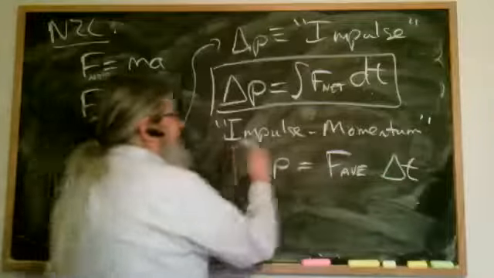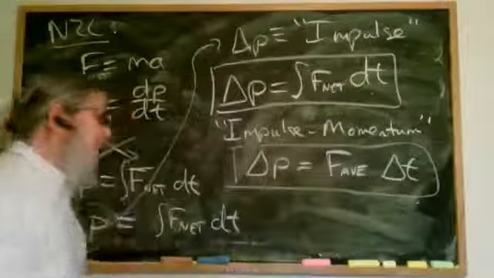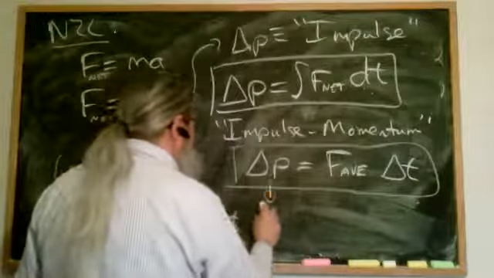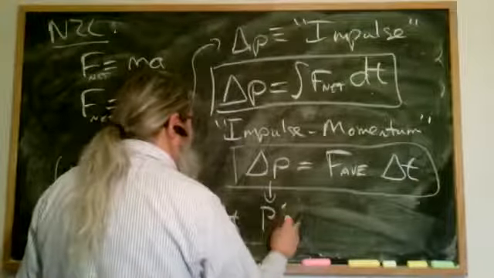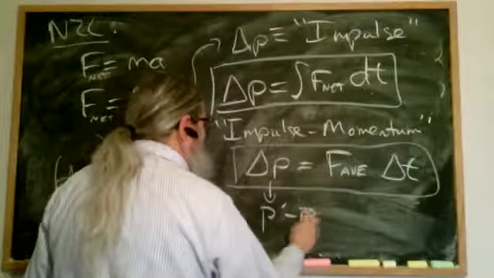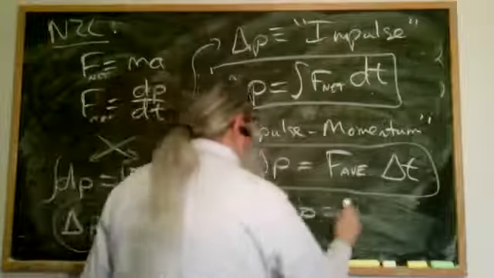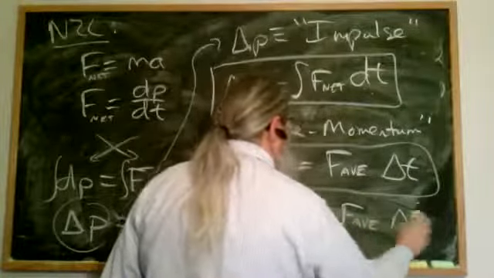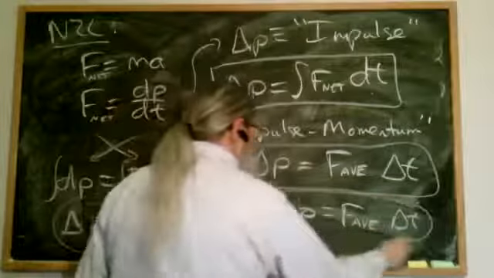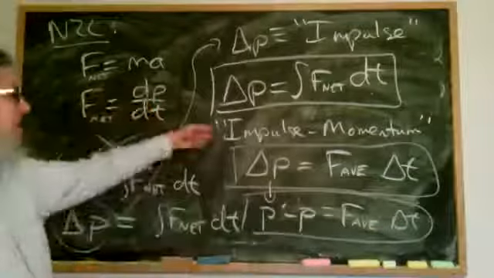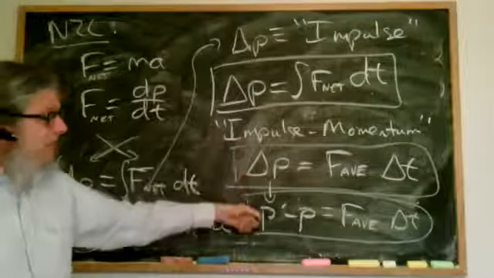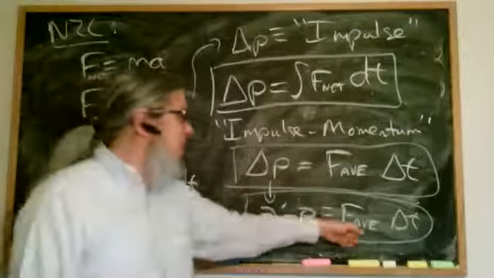So this may be useful for solving some problems if you measure the change in momentum. Remember, the change in momentum means the final momentum minus the initial momentum, p prime minus p. And if I know the delta t, I can work out the average force, even if I don't know anything else about how the force evolves. It's a nice relationship because it's a quick way of solving certain kinds of problems.